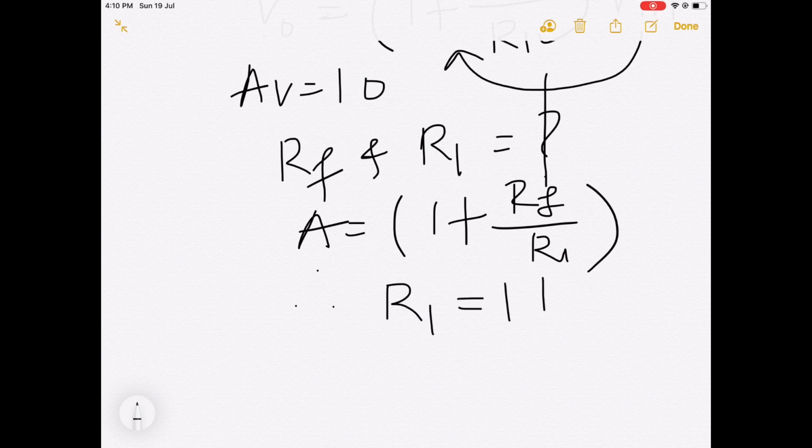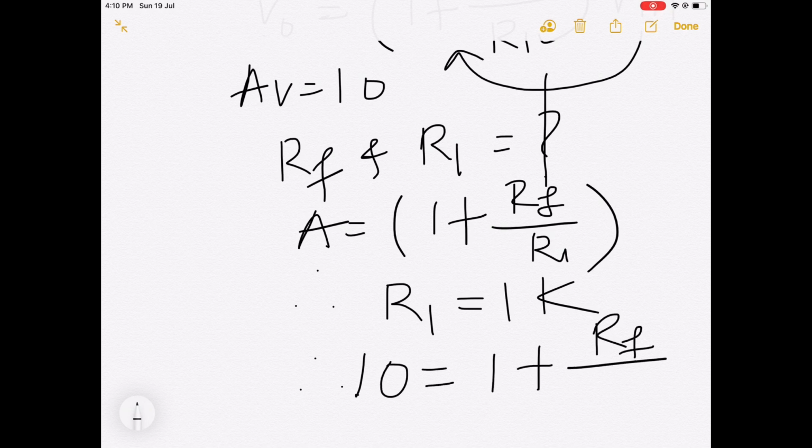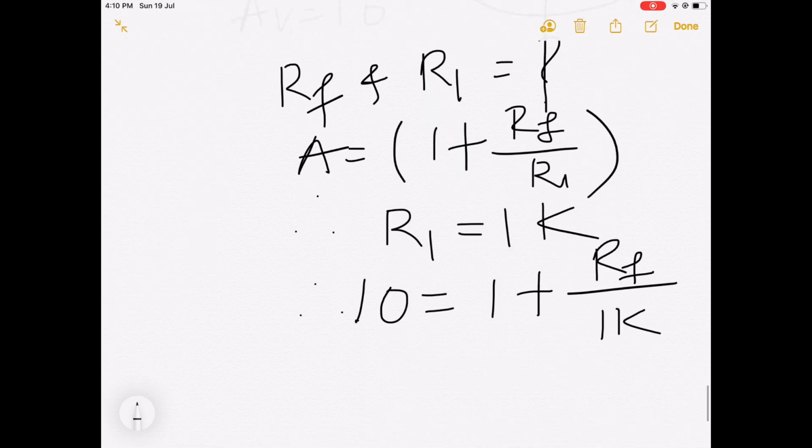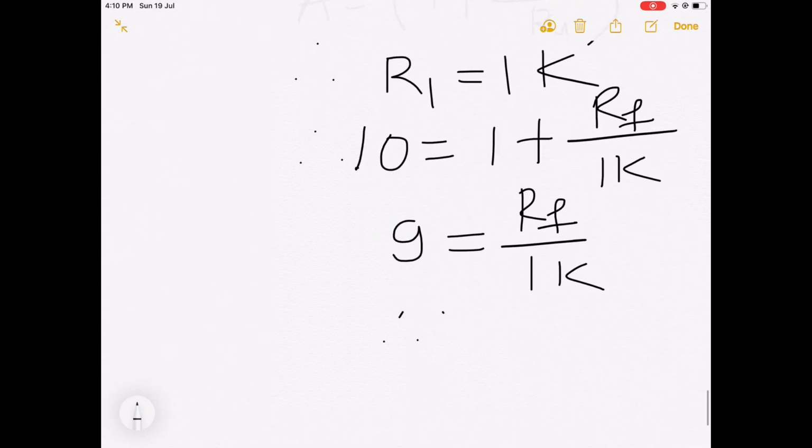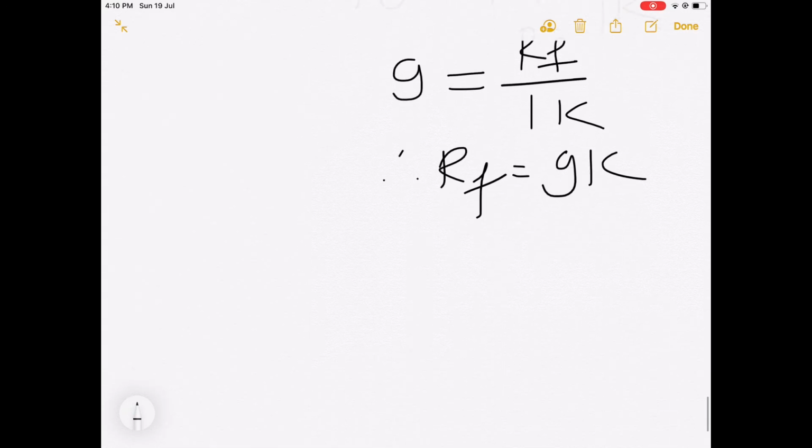Suppose I am considering R1 is equal to 1K, the gain is 10. 1 plus RF upon 1K. So, after solving you will get 9 equal to RF upon 1K. So, what is the value of RF? RF is equal to 9K. So, in this way you can design.